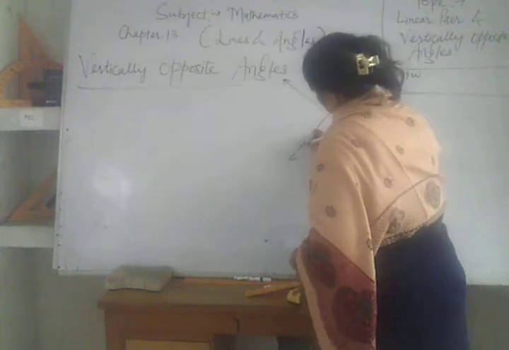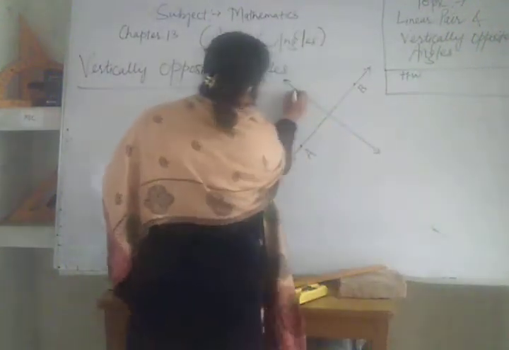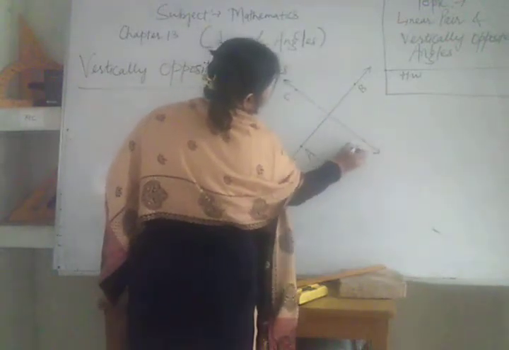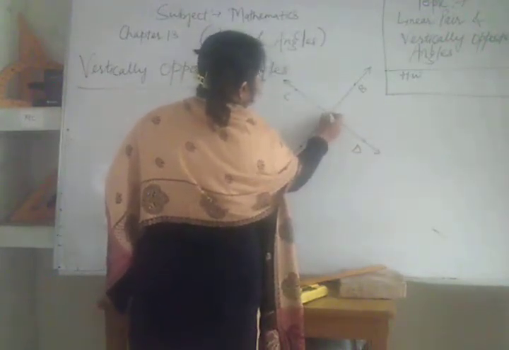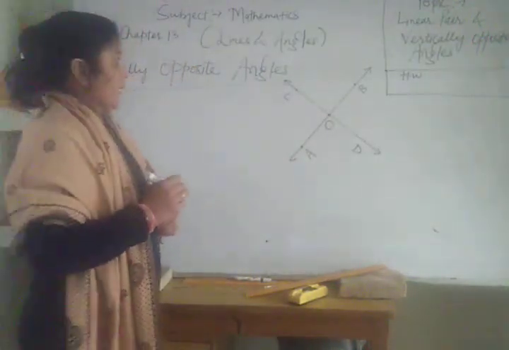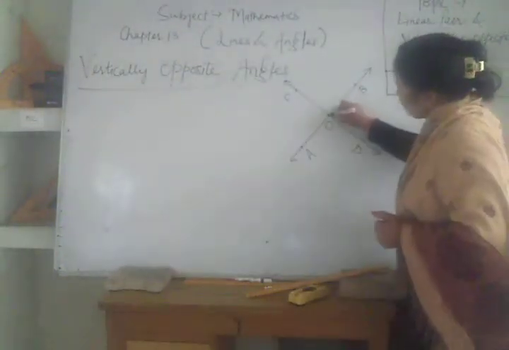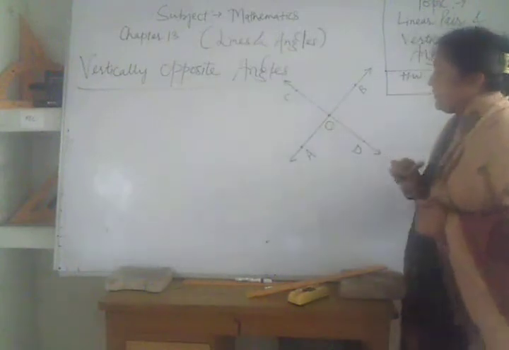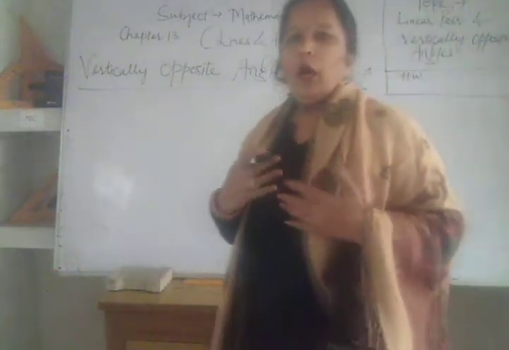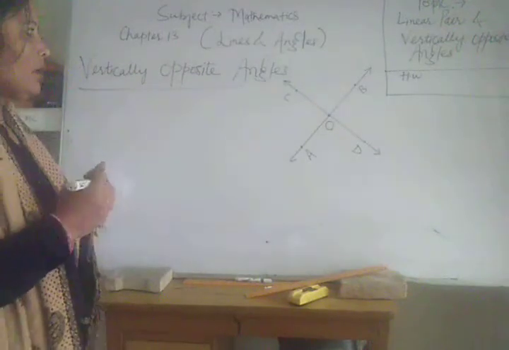You can name these straight lines AB and CD, intersecting at a point O. Then how many angles will be formed here?